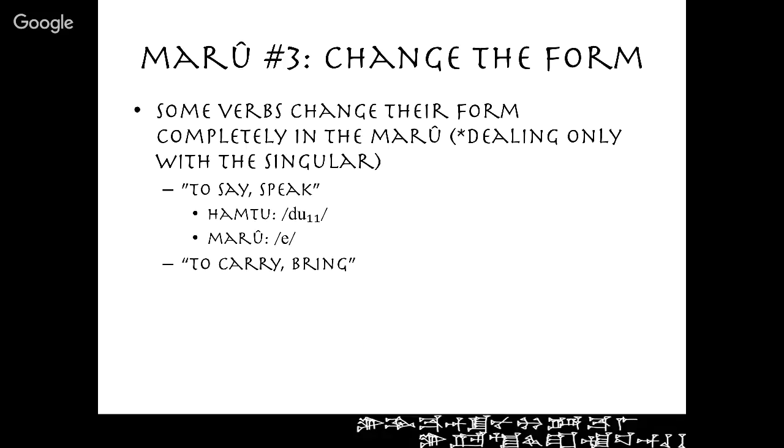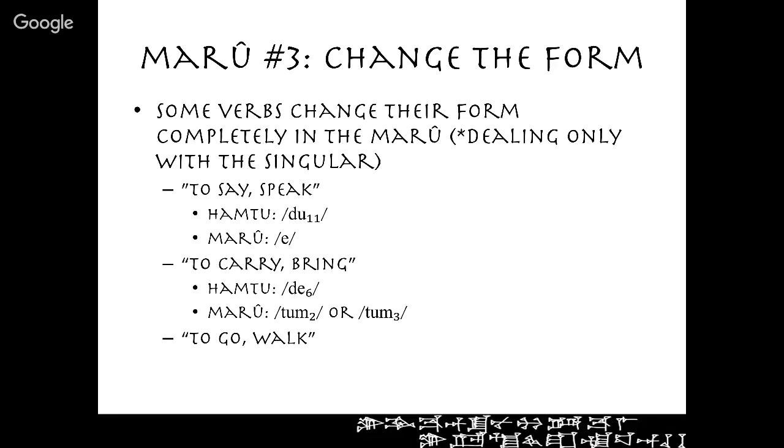To carry or to bring is the verb de6 in the Hamtu. In the Marû, it's tum2 or tum3, but it's the sound tum. So they changed de6 to tum2 or tum3. That's how they do it. They change the form to form the Marû.